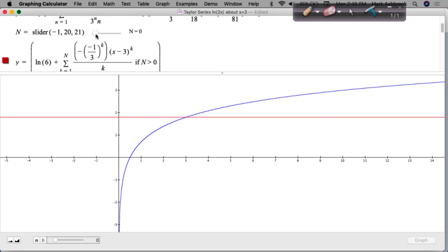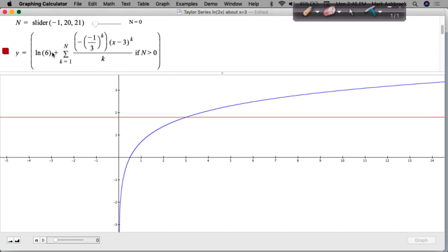Okay, next one. Now the first degree Taylor polynomial. The 0th degree is just the ln of 6, the term outside of the summation. Now we have ln of 6 plus the linear term, which gives us the first degree Taylor polynomial. What is that? Lee, what did you draw for the next one? Kind of a slope going through 3, with a little more accuracy, but still not much.